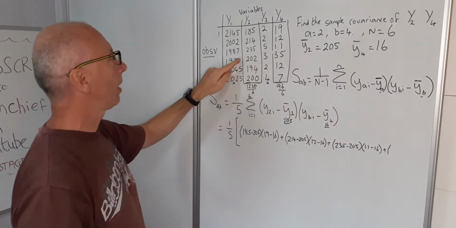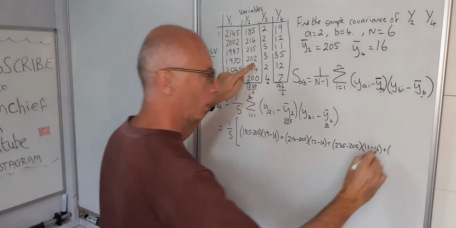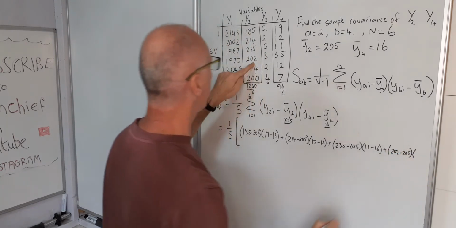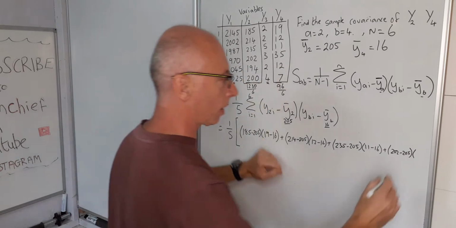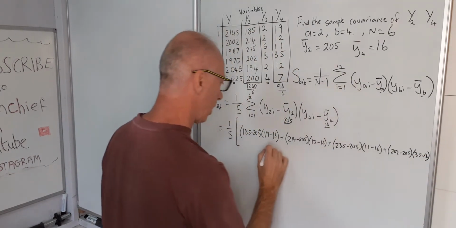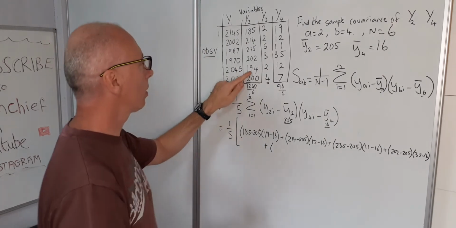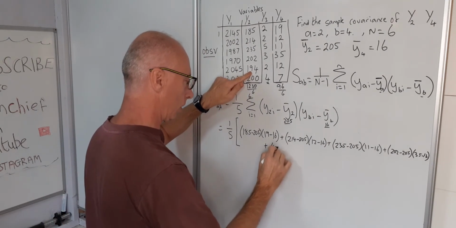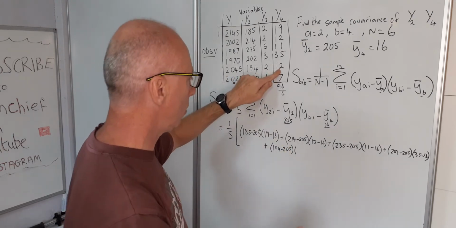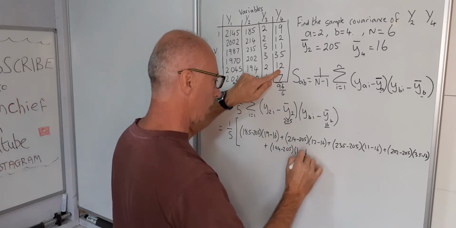And then we're going to add on to that the fourth line, which is 202 minus 205 times 35 minus 16. And then we're just going to add on the next line, 194 minus 205 multiplied by 12 minus 16.